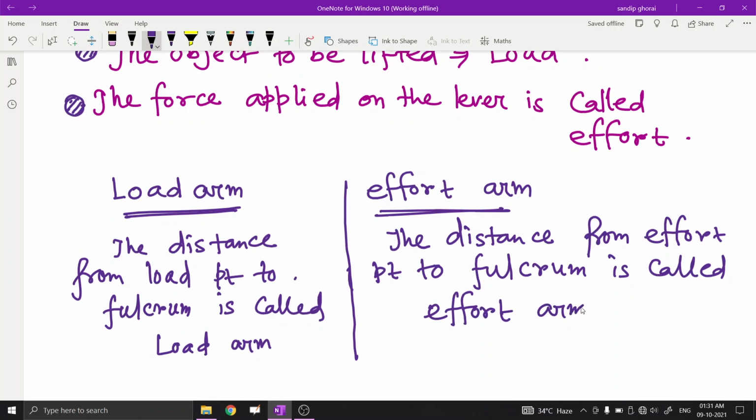From these definitions, load arm is a distance expressed in meter unit, and effort arm is also a distance expressed in meter unit.